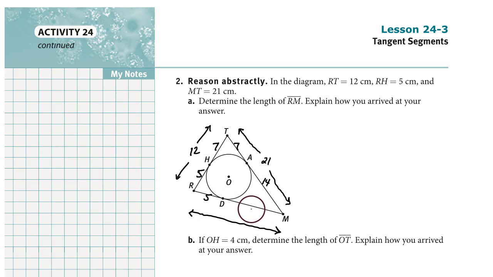Those are tangent segments. They're congruent, so that's 14. Now we know the two parts that we need to find RM. RM is 19 units long. See, we were able to solve another problem involving circles because we know some theorems that involve chords and tangents and lines around a circle.